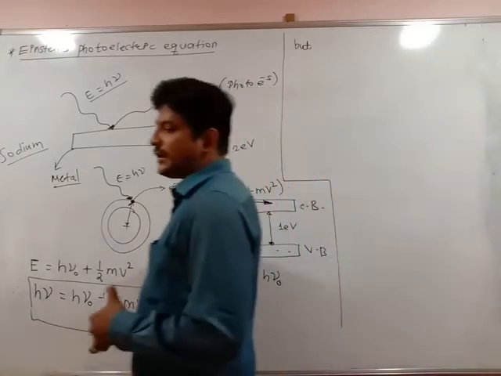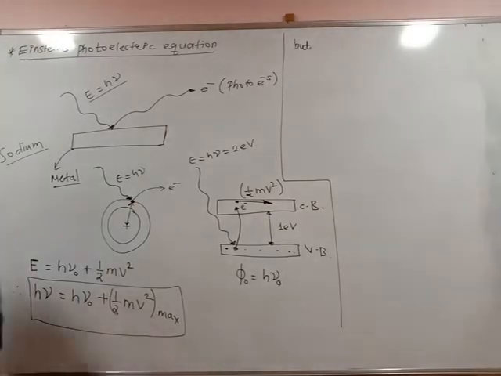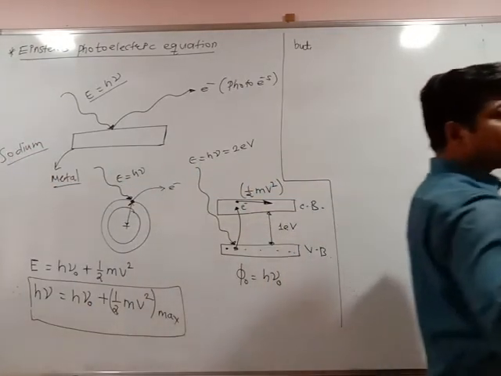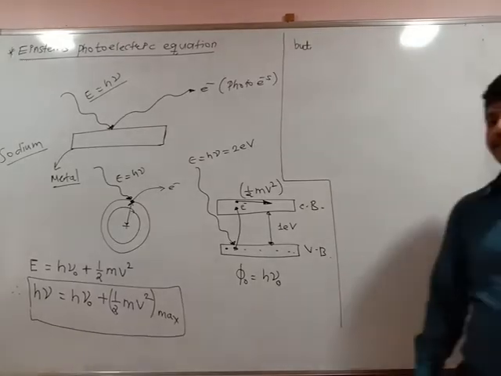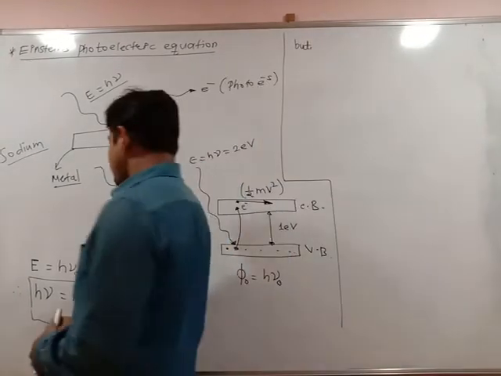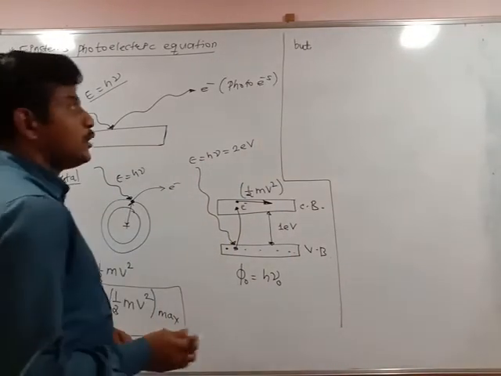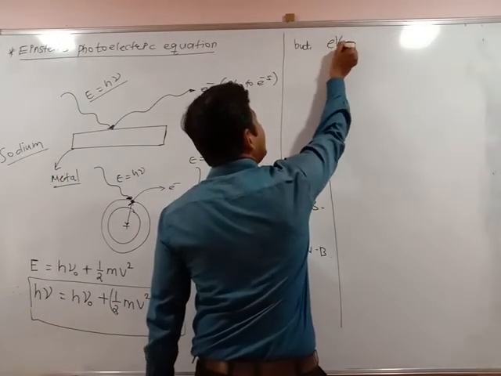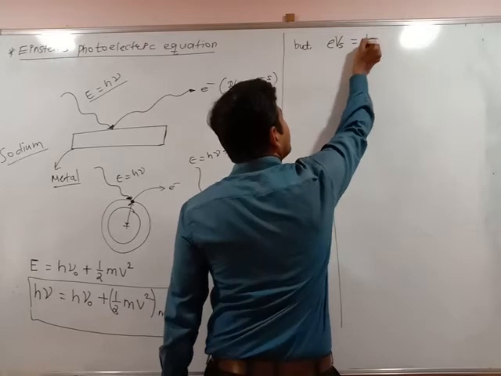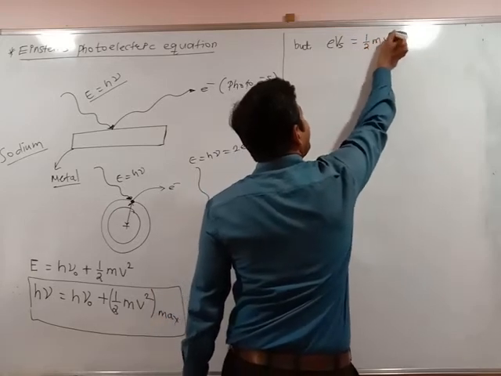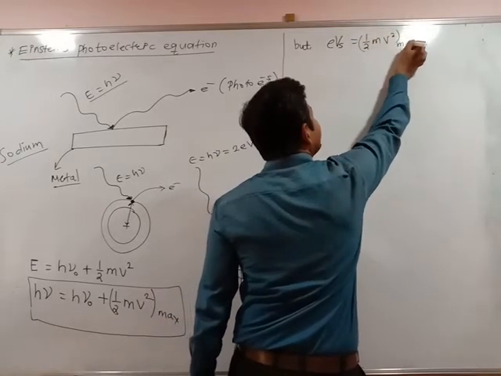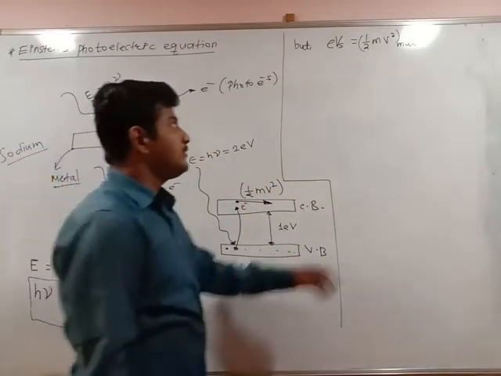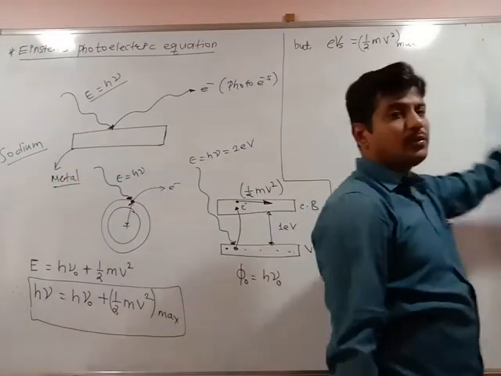The potential at which the kinetic energy of photoelectrons reduces to 0 and photoelectric current stops is said to be the stopping potential. We know stopping potential eVs is always equal to 1/2 mv square maximum kinetic energy. This relation you know.